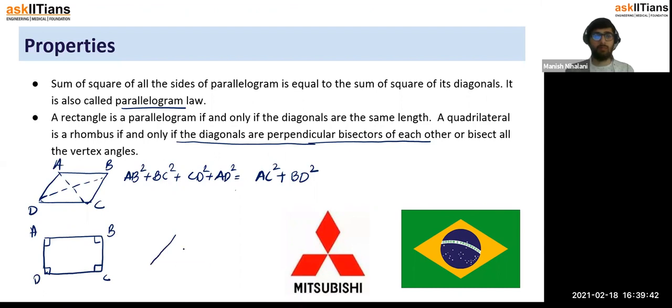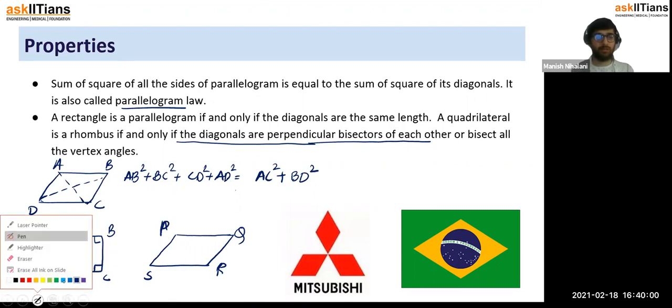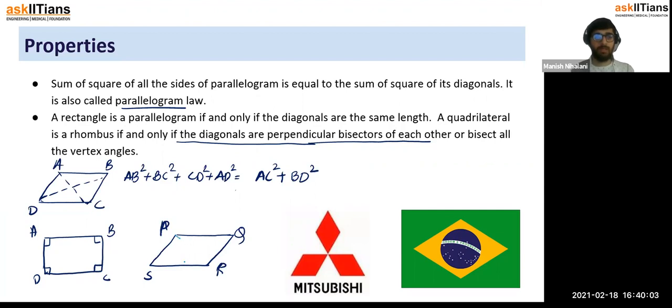So a rhombus also has, as we had discussed, when you push a square you get a rhombus. So if we say that it is PQRS, this is a rhombus. If the diagonals are perpendicular bisectors of each other, that is PR is bisecting QS, right? Then these are perpendicular bisectors and they bisect the vertex angles.